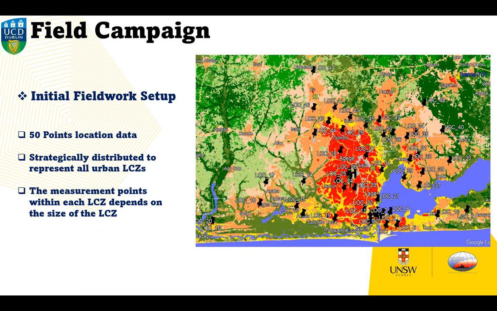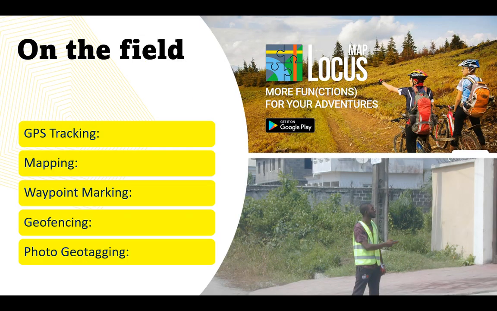For our field campaign, we have 50 locations which are strategically distributed among the local climate zone classes. For example, we have more measurement locations in LCZ3, which is the largest of all the areas, and the number of measurement points within each LCZ depends on its size. In the field, we use this Locus Map app for GPS tracking, mapping, and all of that.